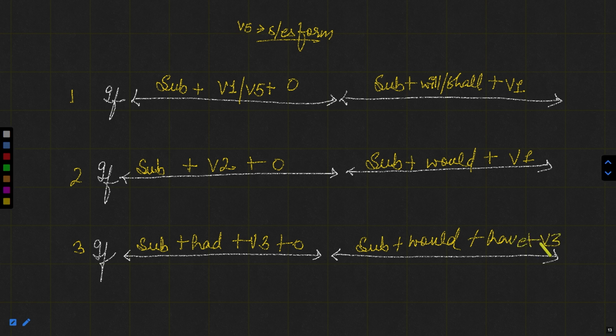Now we can only have these three combinations in the conditional sentence when we have the word if at the beginning of the sentence. Now, what is the conclusion? The first condition refers to what happens always. For example, if I go there, I will tell you.